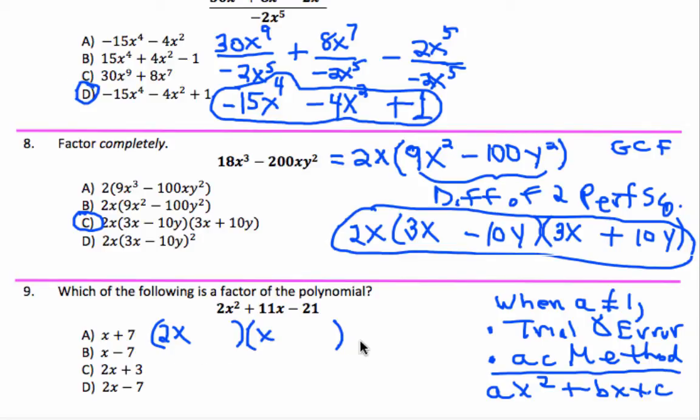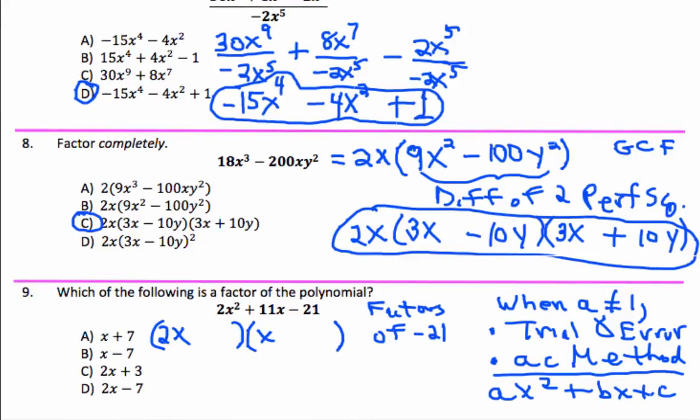Now, the trial and error method says you need to find factors of negative 21 and try each pair. For instance, you know 7 times negative 3 equals negative 21. You know that negative 7 times 3 equals negative 21.